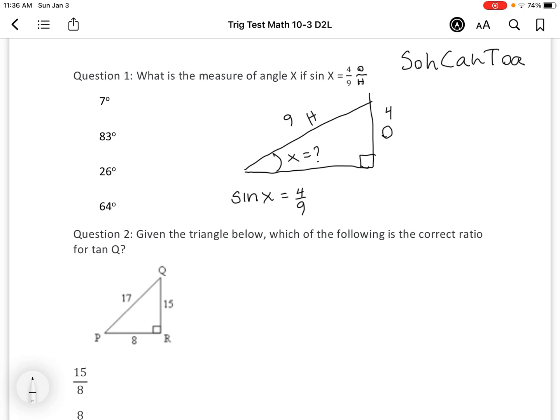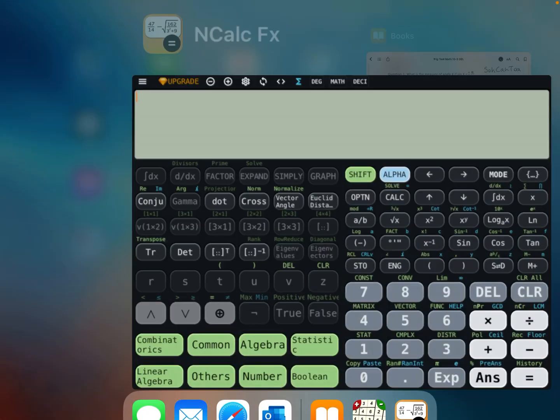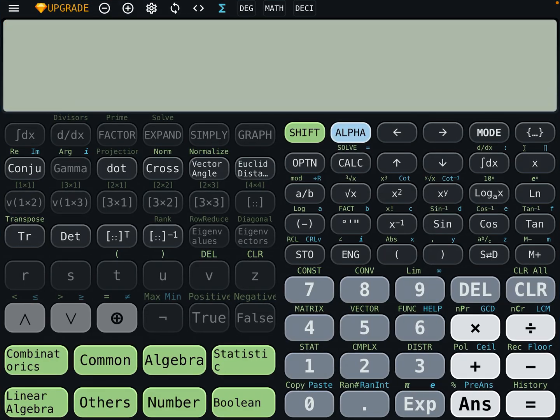Now, if you know the ratio and you're trying to find the angle, you have to use the sine inverse button on your calculator. So x is going to be sine inverse of 4 divided by 9. The inverse button is just above the sine button, so you have to use the shift button.